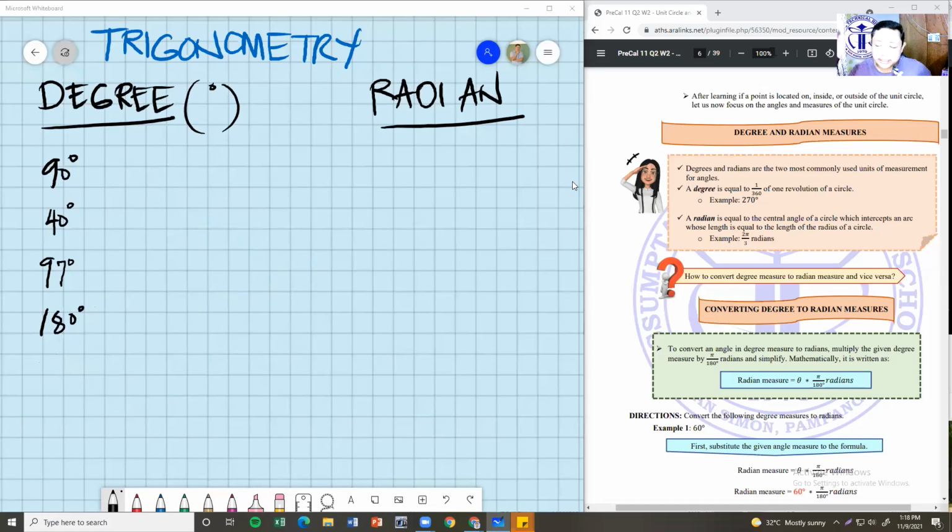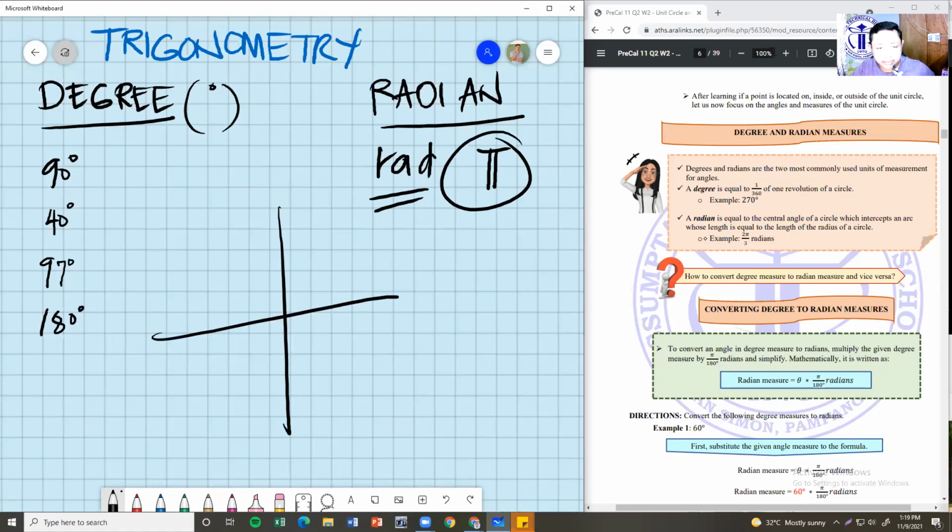So this is the rad, the symbol for the radian. And oftentimes, in the radian measures, we always deal with the pi symbol. Why? Simply because a radian measure is equal to the central angle of a circle.